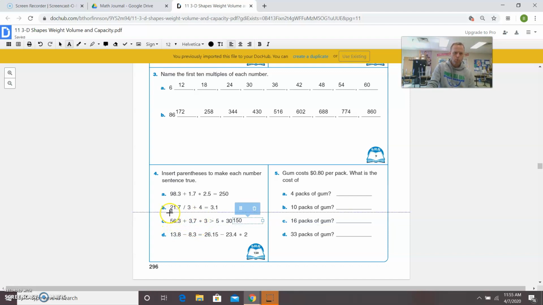Well, if we add this side to it, you're going to get 60. So 56 and 3/10 plus 3 and 7/10 is 60. Well, 60 times 3, 3 times 6 is 18, plus a 0 is 180. 180 is greater than 150.